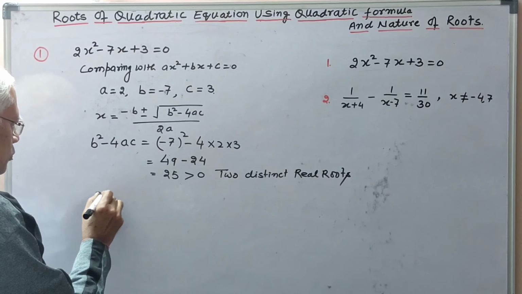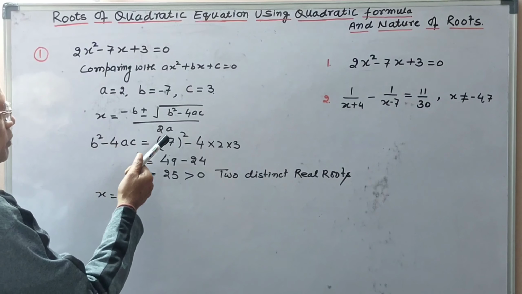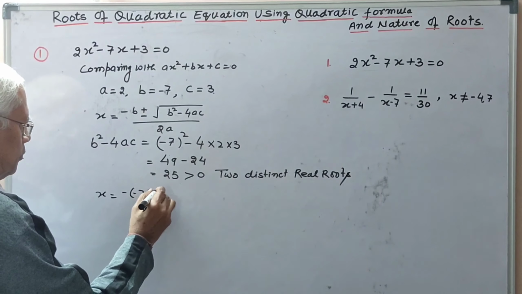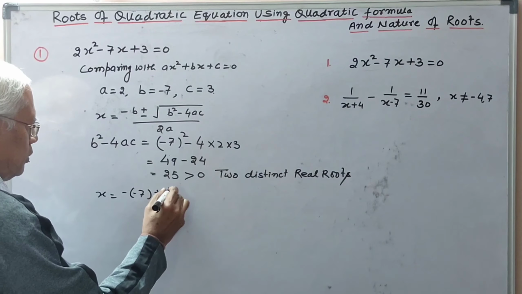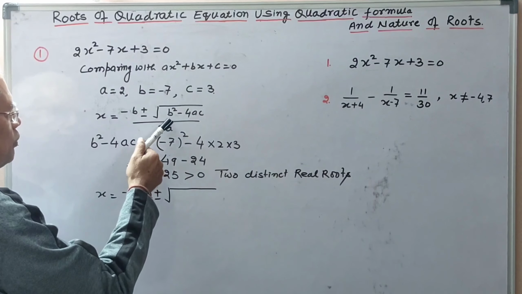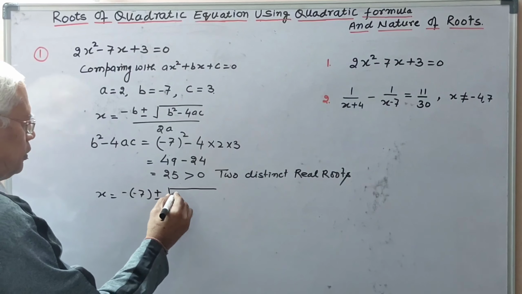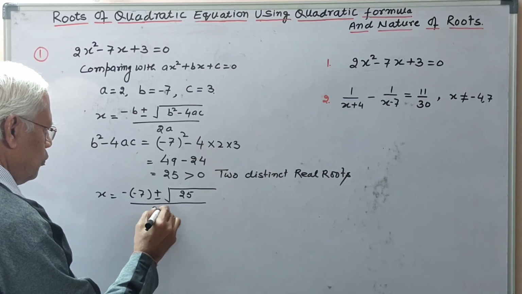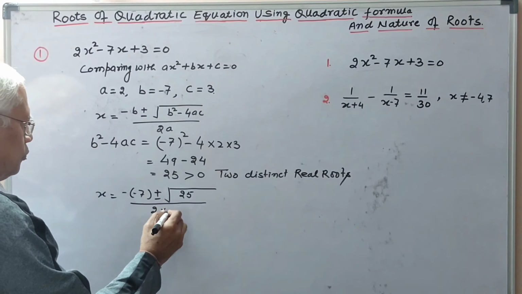x equal to minus b. What is b? Minus 7, plus minus square root of b square minus 4ac, which is 25, divided by 2a. A is 2.